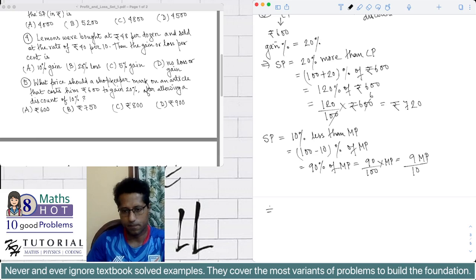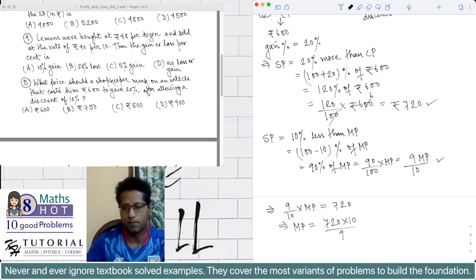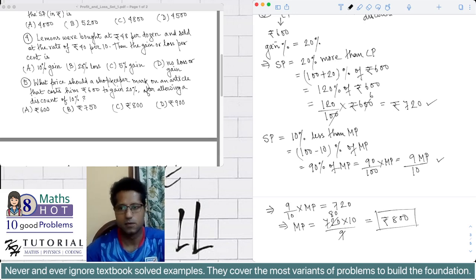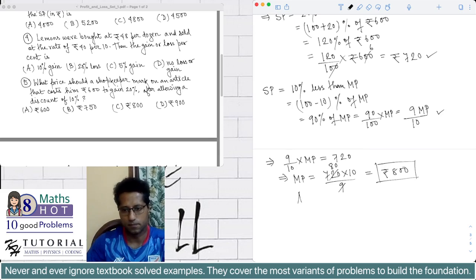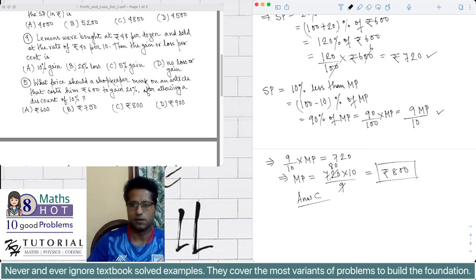This value and the selling price have to be the same. So 9 by 10 multiplied by mark price is equal to 720. This implies mark price is equal to 720 multiplied by 10 divided by 9, which is equal to 80, which is equal to rupees 800. So the mark price has to be rupees 800, and hence the correct choice is C.